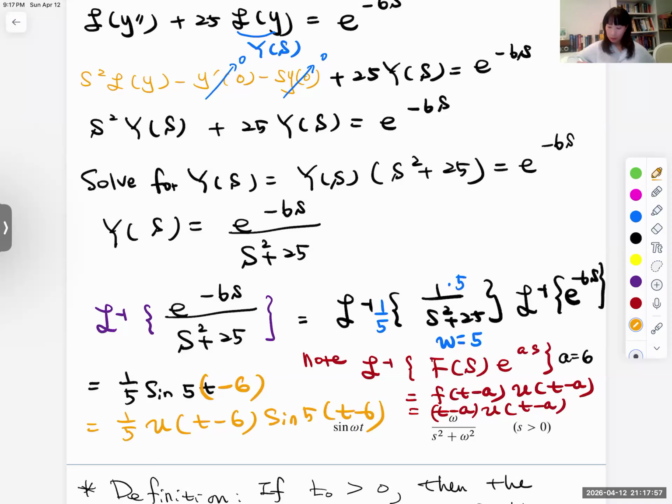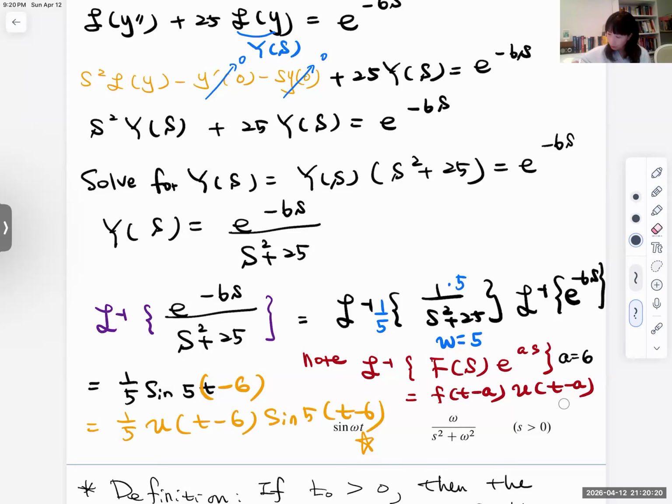So we use t minus 6 instead of just t. We change everything. Clear. I think this is okay. We don't need this one. f of t minus a, u of t minus a is enough.